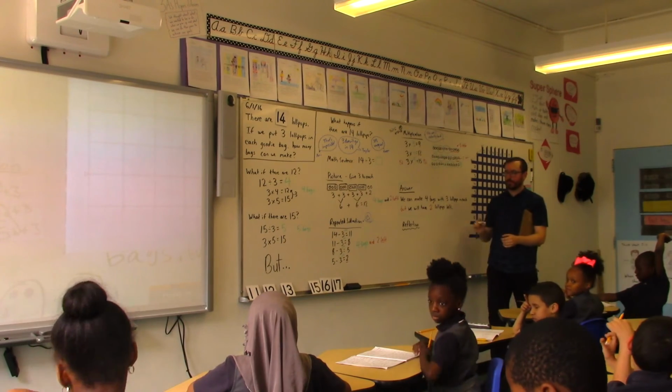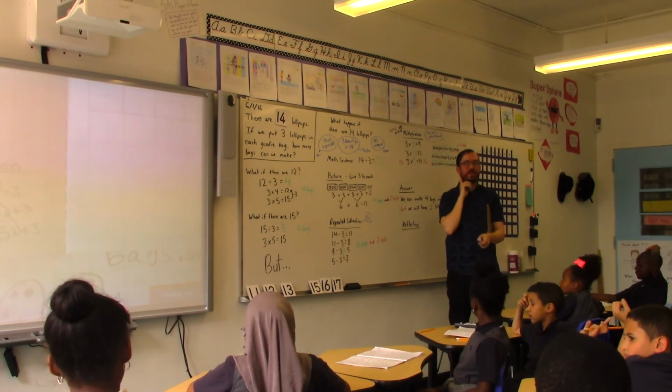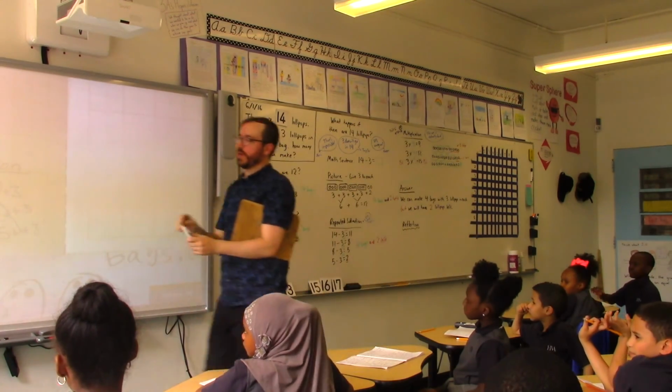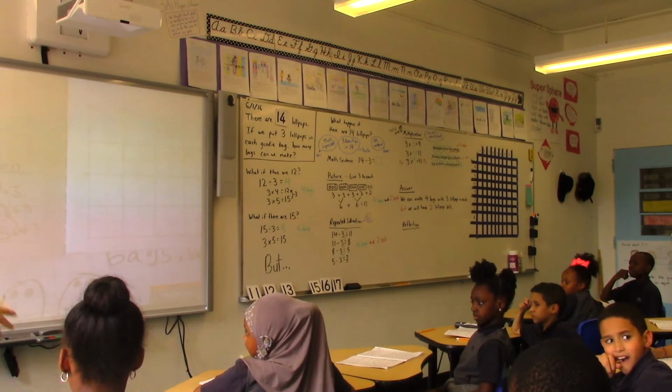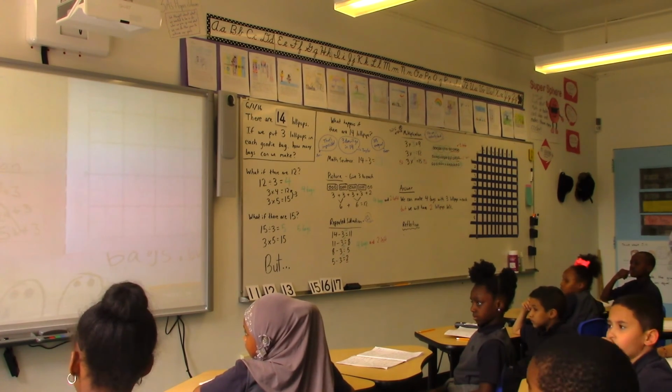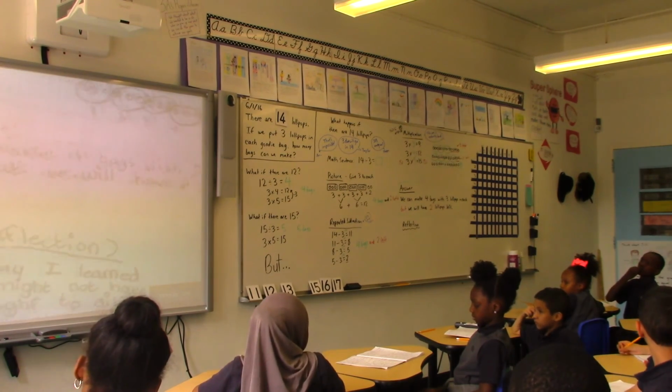Taylor? "Today I learned you might not have enough to get..." Oh, hold on a second. Maybe we'll put it up here, just so everyone can see it and listen a little better. This is not the time to be writing still. Okay.